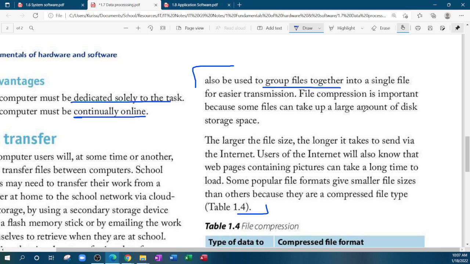File compression is important because some files can take up a large amount of disk storage space. The larger the file size, the longer it takes to send via the internet. Users of the internet will also know that web pages containing pictures can take a long time to load. Some popular file formats give smaller file sizes than others because they are compressed file types.